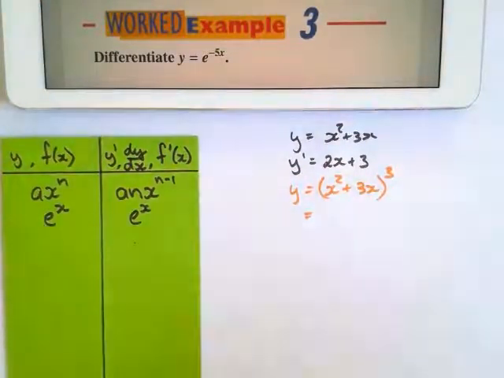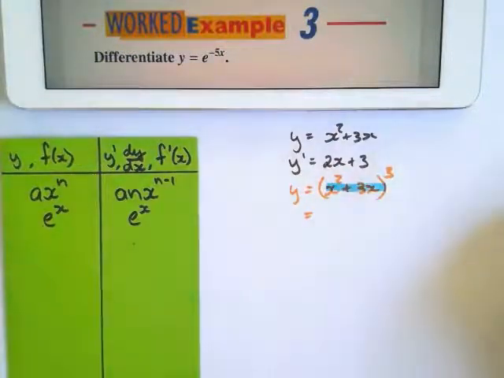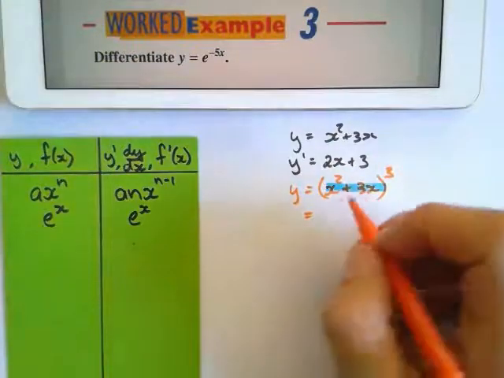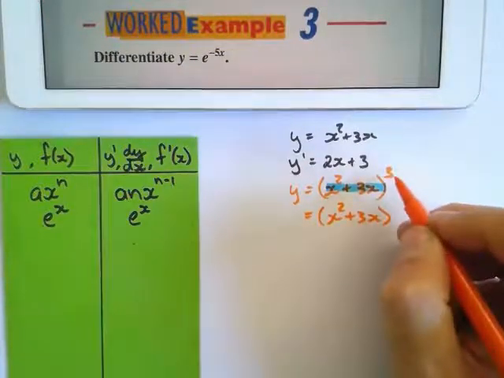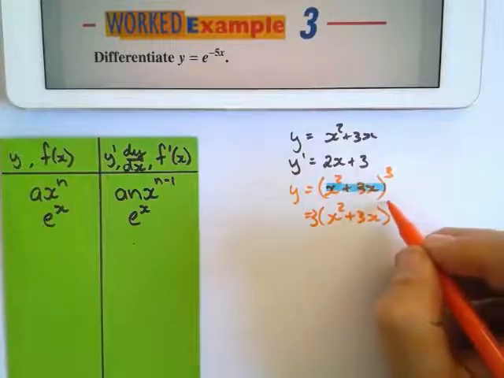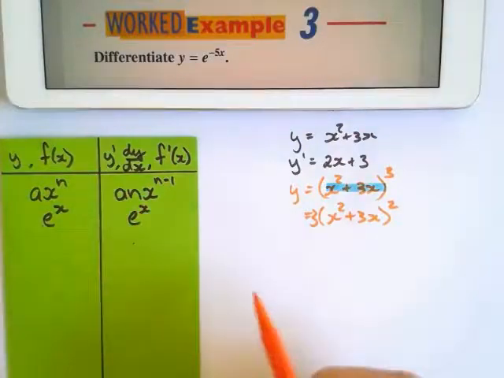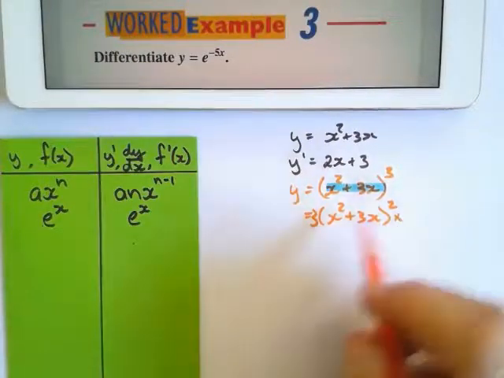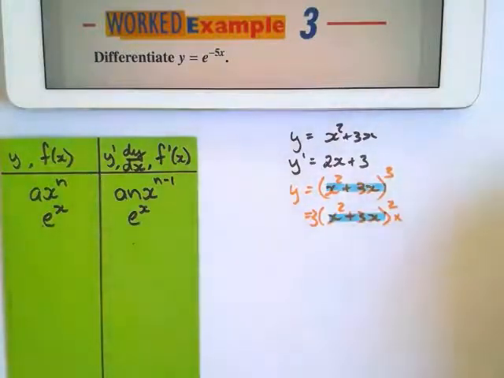So if we did the outside inside, as we said, that thing to the power 3, the 3 goes to the front, and then that becomes 1 less. Right, so we applied this rule, and then we multiplied by the derivative of the thing inside.